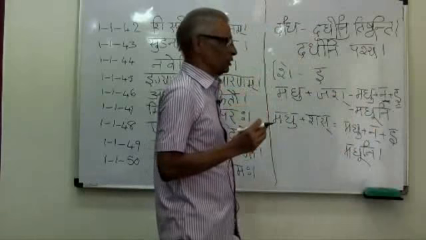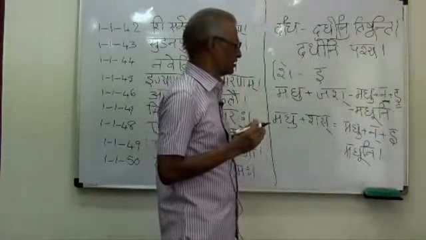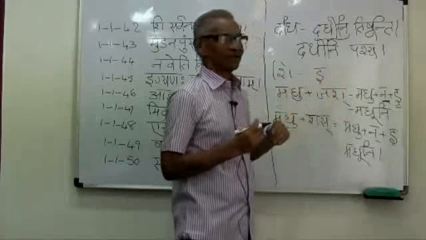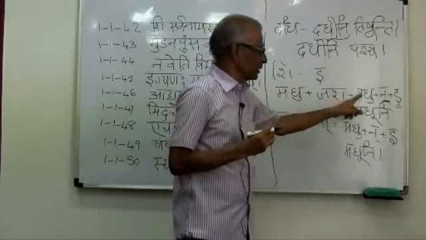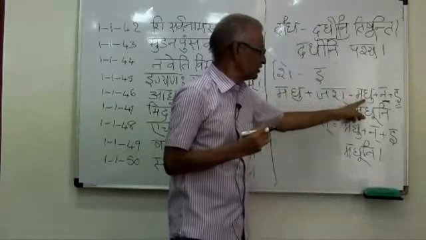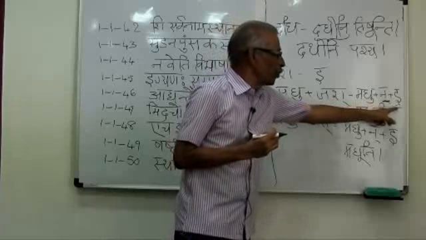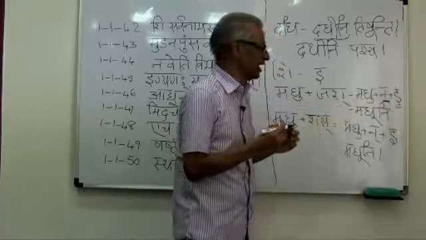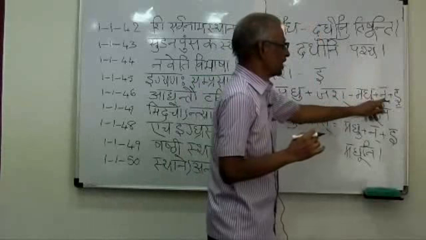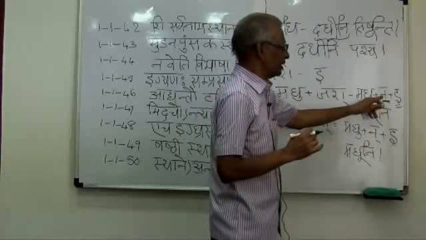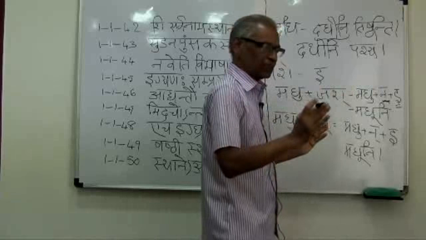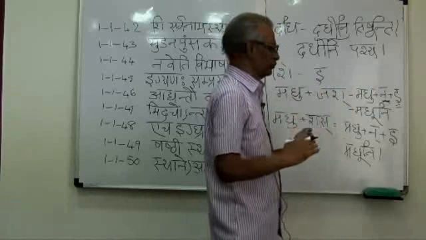There is a rule which we will be teaching afterwards: Napumsakasya Jhalachaha is a sutra. For Ukaranta and Ikaranta Napumsakalinga words, when you impose Shi as Pratyaya, Nakara Agamaha will come. After this Nakara Agamaha comes Sarvanamasthane cha Asambuddhau.